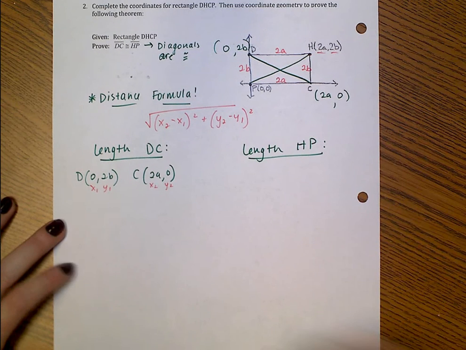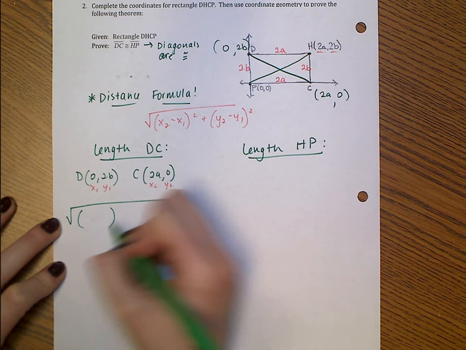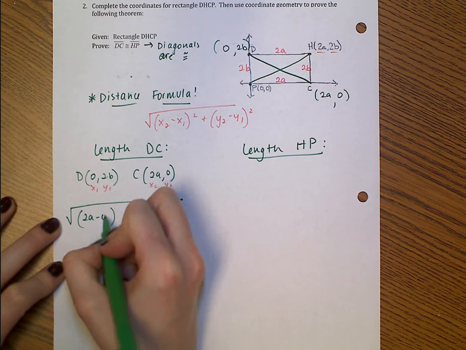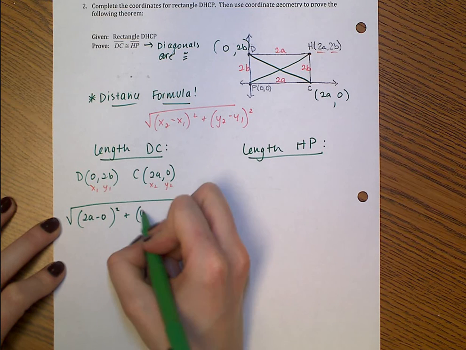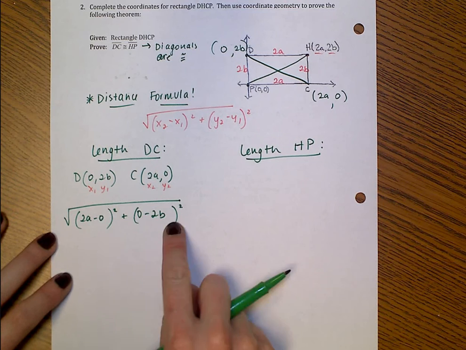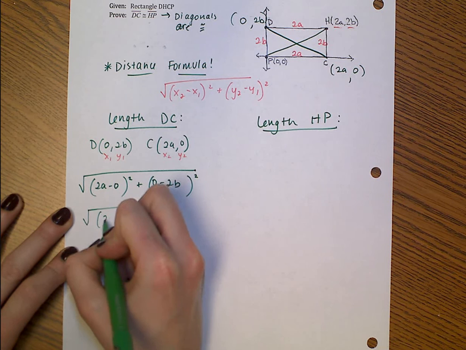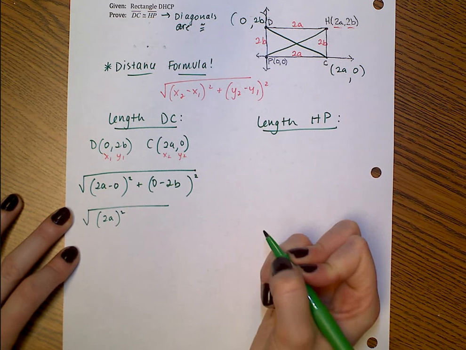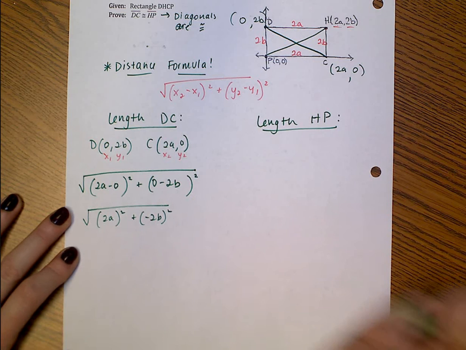And when I plug that in, I would have x2 minus x1 would be 2a minus 0 squared plus 0 minus 2b squared. I need to simplify that down, so take care of the parentheses. So that'd just be 2a, 0 doesn't change it. That'd be negative 2b inside the second set.